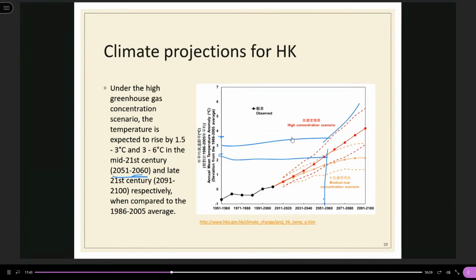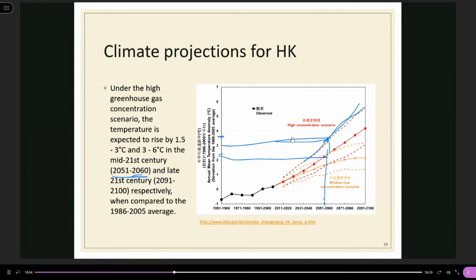So this is the worst case, high concentration scenario. So if the carbon dioxide is on the high side of our predictions, then by the year 2060, the air temperature will rise by 3.5 degrees.